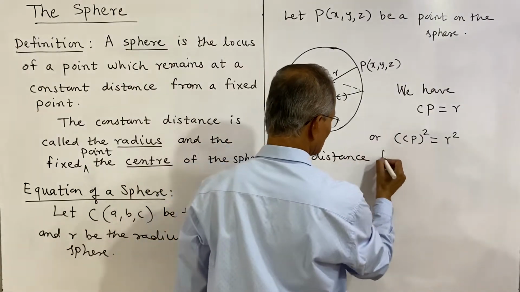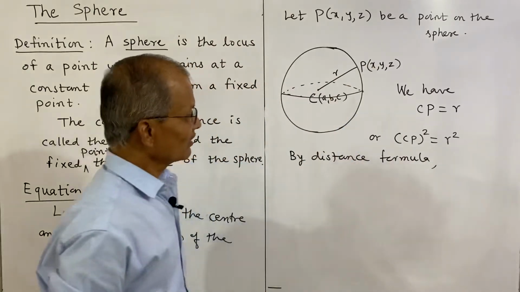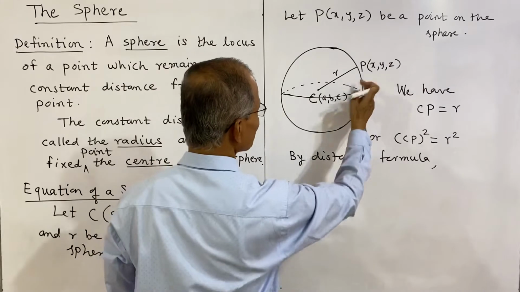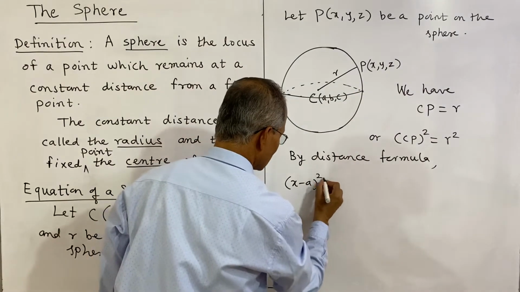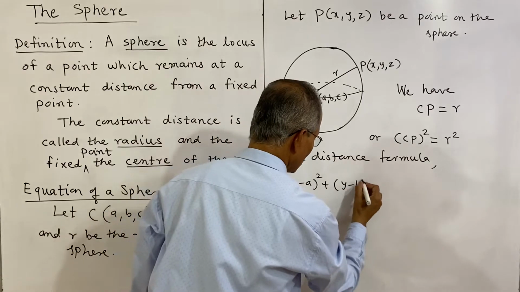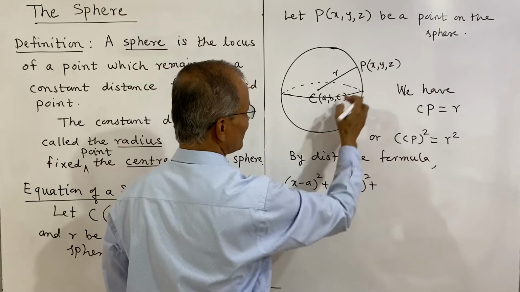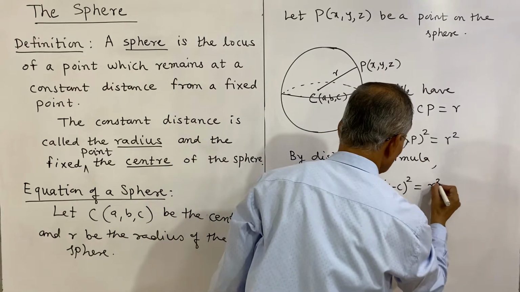By the distance formula, see the points C and P. We write the distance in square form, and therefore it will be (x minus a) whole square plus (y minus b) whole square plus, by the distance formula in three dimensions, (z minus c) whole square is equal to r square.